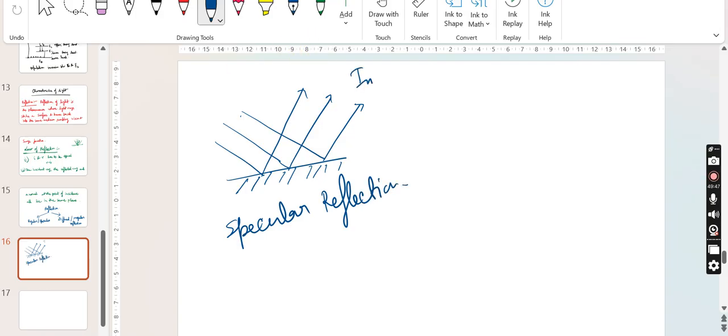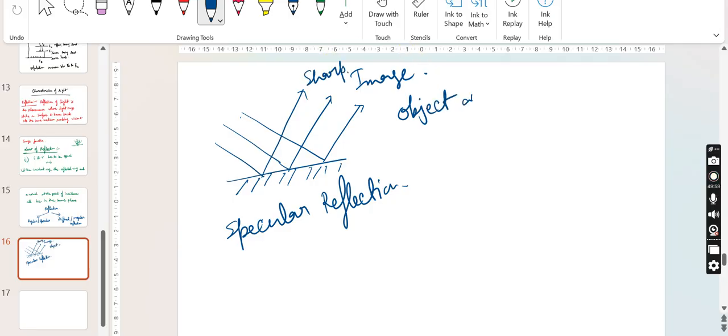So they form a sharp image, and the object appears shiny.